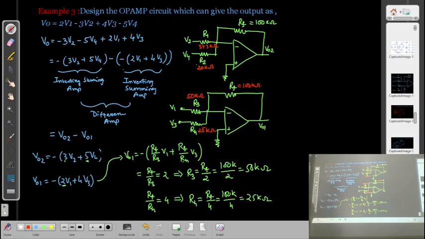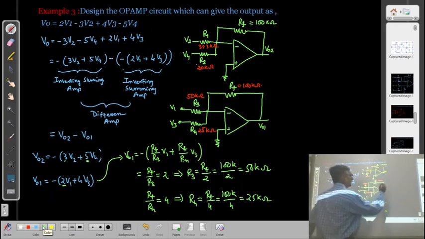Correct? Now we have a difference amplifier. So what will be the difference amplifier?